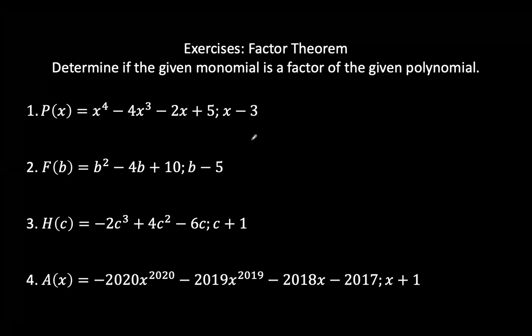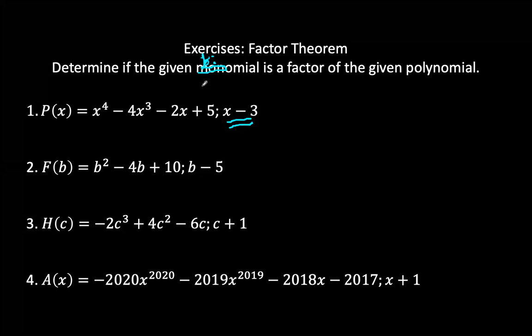And you need to determine if the given, oh, this is not a monomial, this is a binomial, all right? Binomial. Okay, and when we divide p of x by this, we need to check if the result is 0 or not.